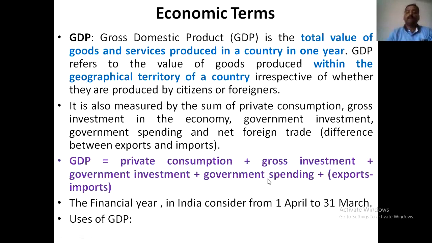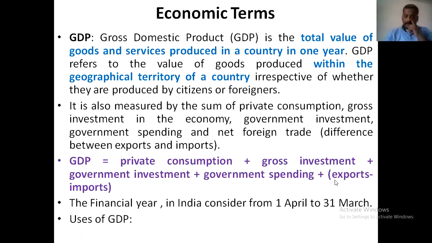Government spends thousands of crore rupees for the construction of roads, bridges, dams. So that is covered under government spending. Government spends lots of money, nearly 30 to 40% on the salary of employees. So everything the government spends comes under government spending.